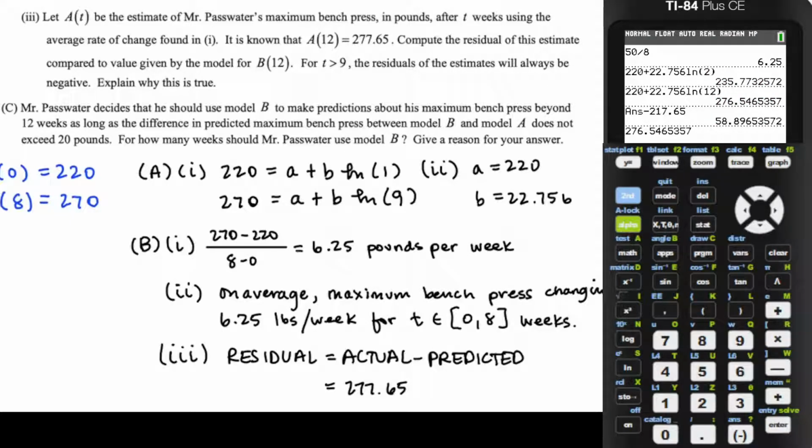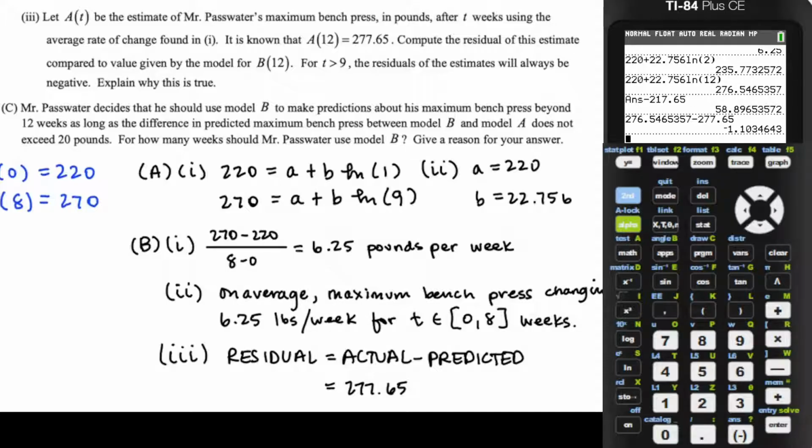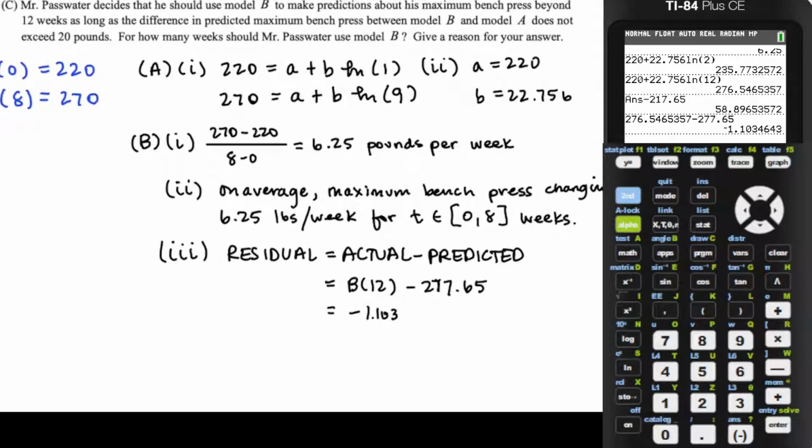Okay, minus 277.65. Okay, I'm just not typing in the numbers right today. And so let me just see if I can, yeah, there we go. And we can change that to a 77. And that's going to be negative 1.103. Okay, and that's the residual for that prediction.